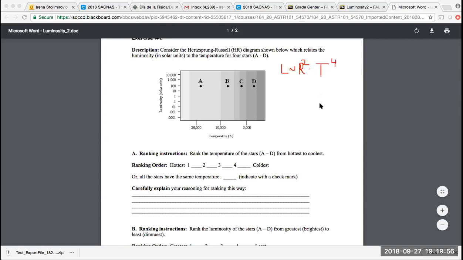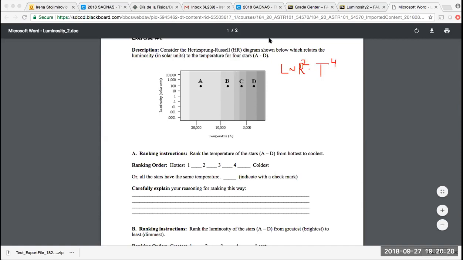So 6 times the temperature to the 4th power means 6 times 6 times 6 times 6 more energy just because of that temperature, right? So that tells you that if this cooler star gives you the same energy as this hot star, this one has to be really, really big.